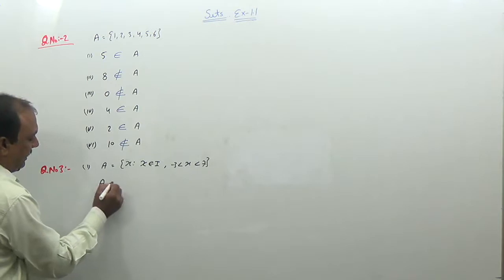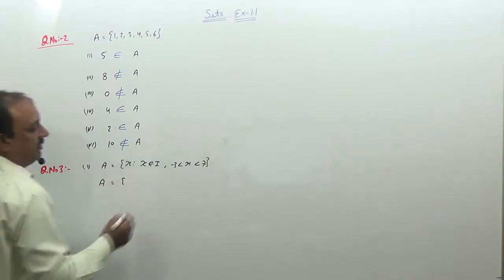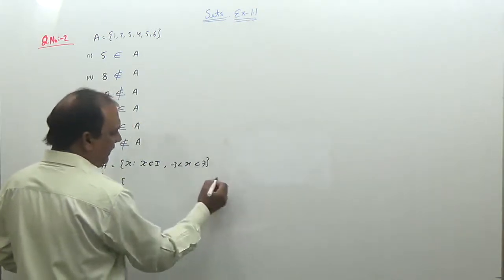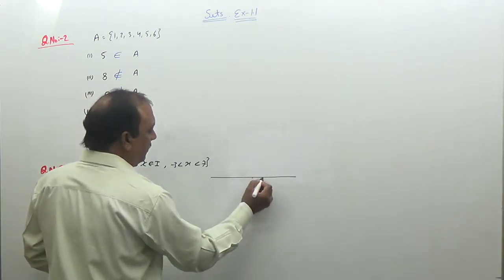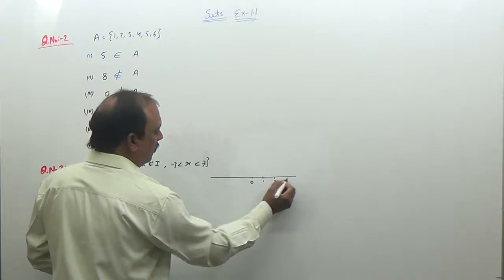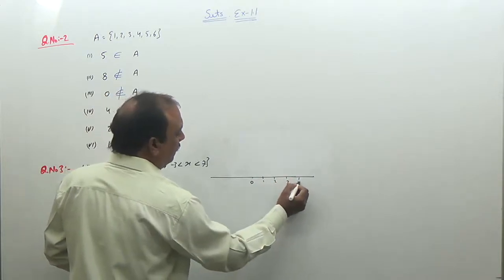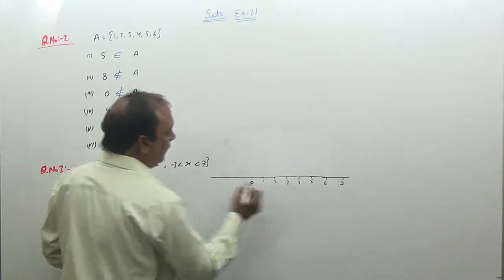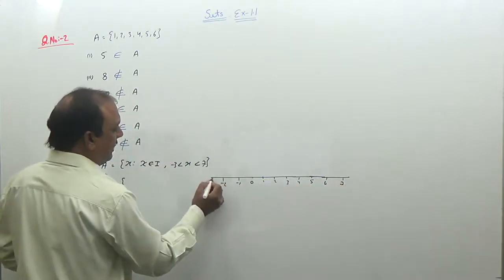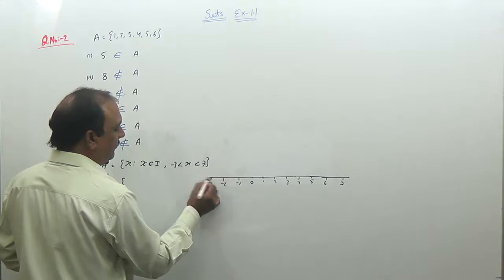So A is a set of elements. We can take the help of a number line. So this is a number line. There are the integers 1, 2, 3, 4, 5, 6 and 7, -1, -2 and -3.